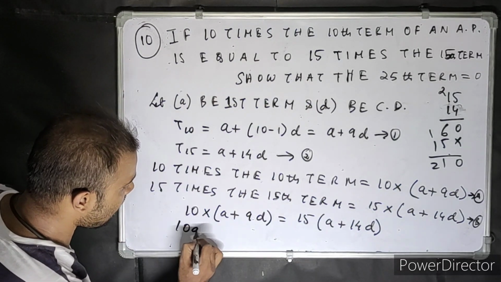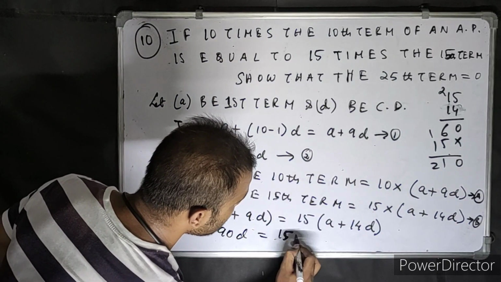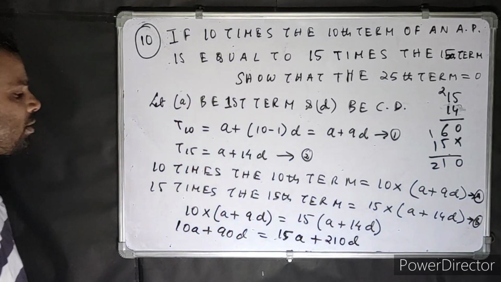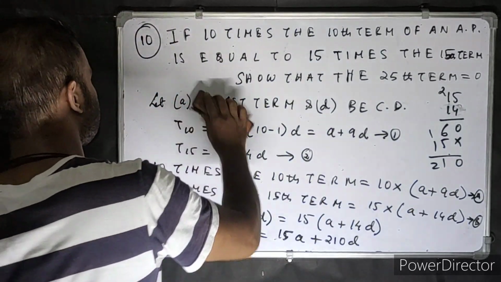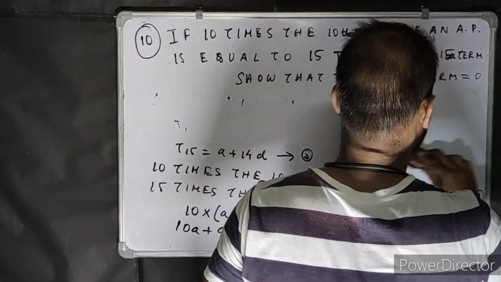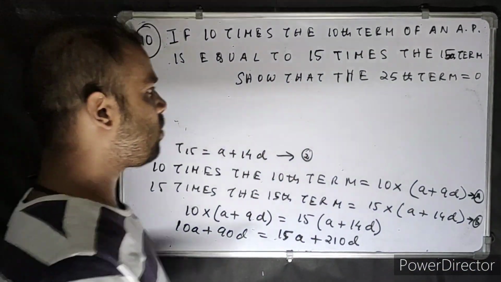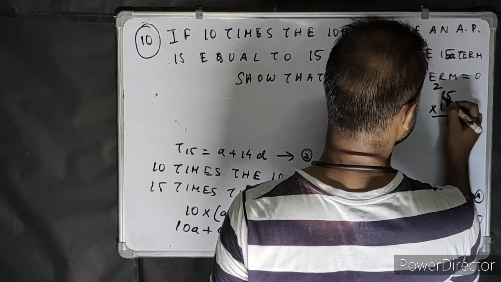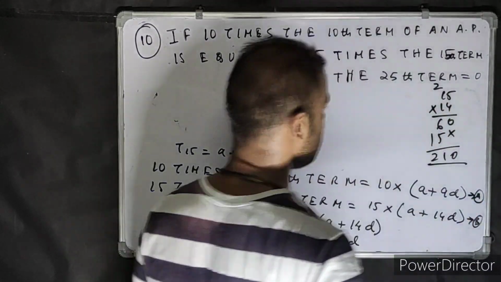So this is 10a plus 90d is equal to 15a plus 210d, correct? 15 into 14 is 210. Checking it once again so that I don't make any mistake. Correct answer.